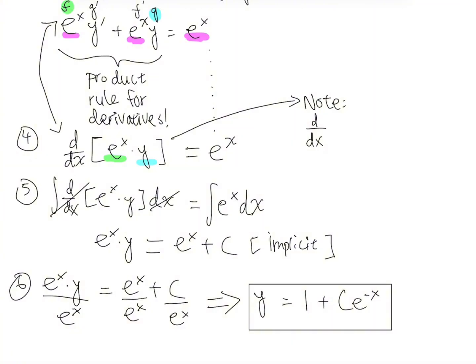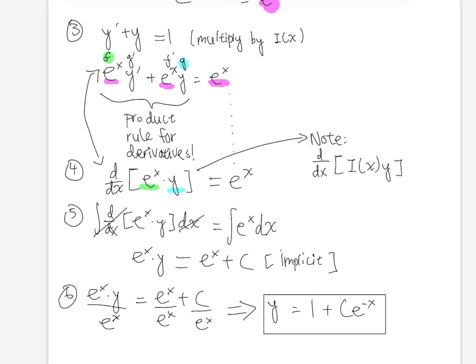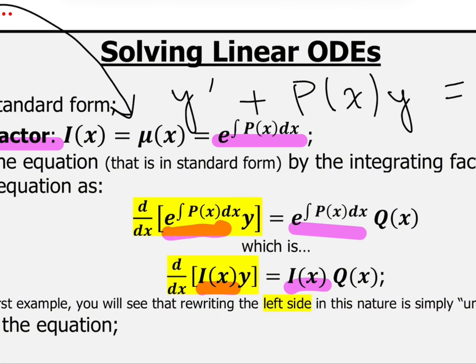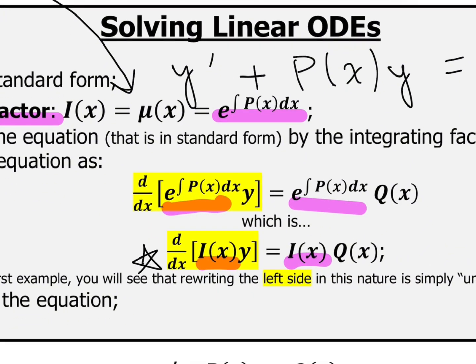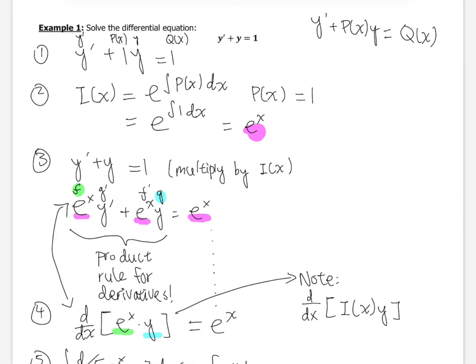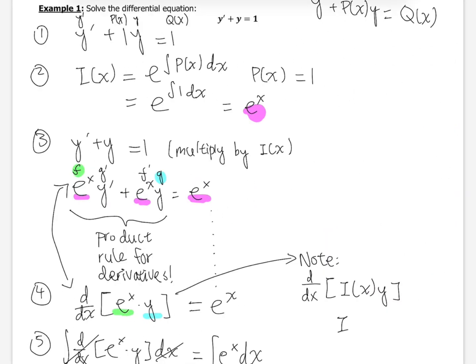This is just the derivative of the integrating factor times y. And this was what we saw earlier here. Our integrating factor in this case was just e to the x.